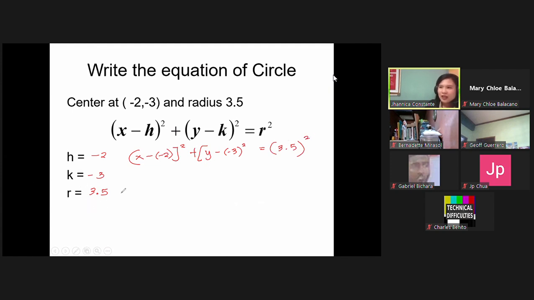So writing the equation of a circle that has a center at a point of negative 2 and negative 3 with a radius of 3.5, the equation is x plus 2 squared plus y plus 3 squared equals 3.5 squared, which is equal to 12.25.